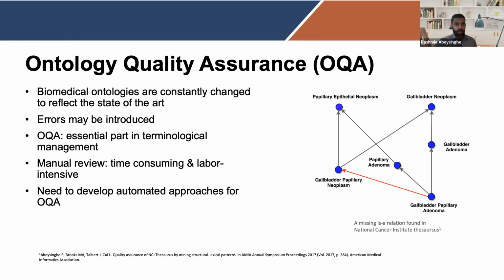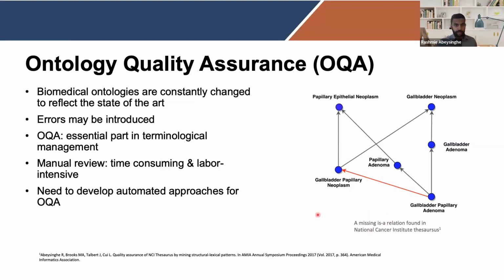Due to that, ontology quality assurance has become an essential part of terminological management. This is very important because errors in an ontology could propagate to downstream applications that use these ontologies as a knowledge source and make them less accurate. For instance, I have here a missing IS-A relation that we found in one of our previous works in the Thesaurus.